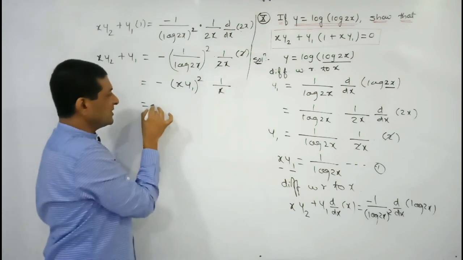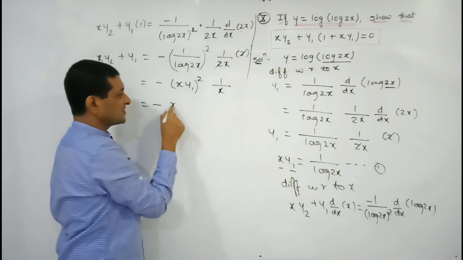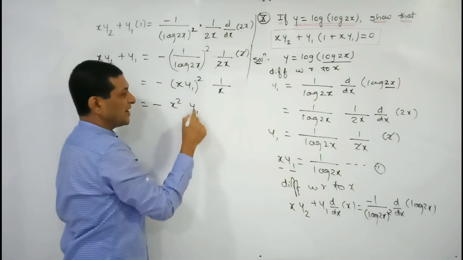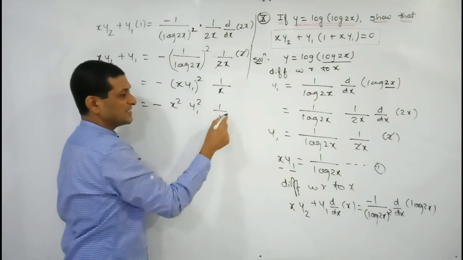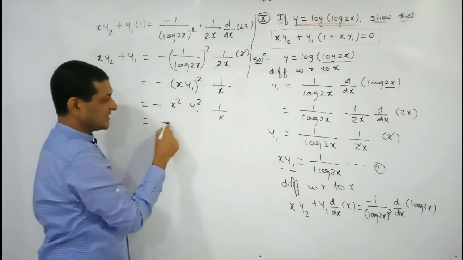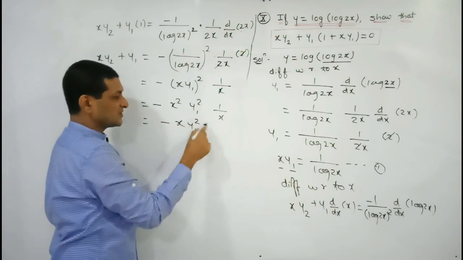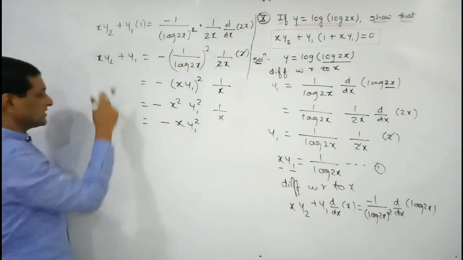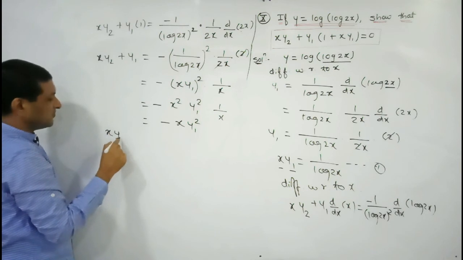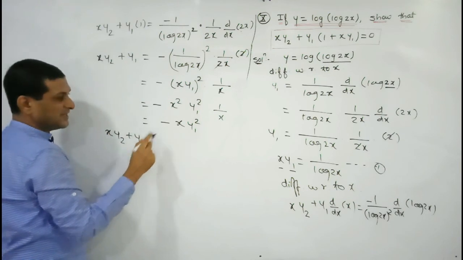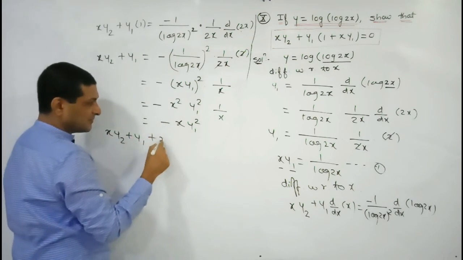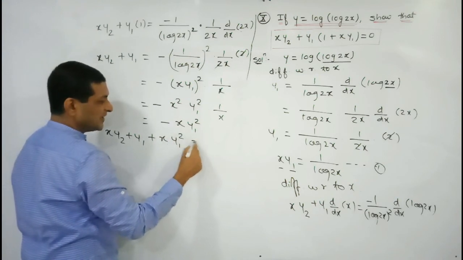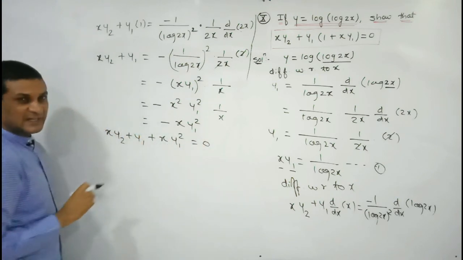So it is equal to minus as it is, the square of x is x square, the square of y1 is y1 square, into 1 by x. Here the x from the numerator and the 1 upon x will get cancelled, so the remaining term is x y1 square. Now keep the left hand side as it is, x y2 plus y1, and this minus term on this side will become plus x y1 square. On the right hand side we will get 0.